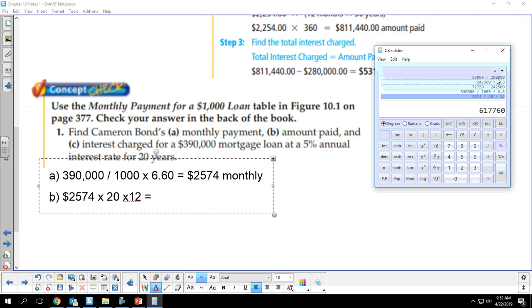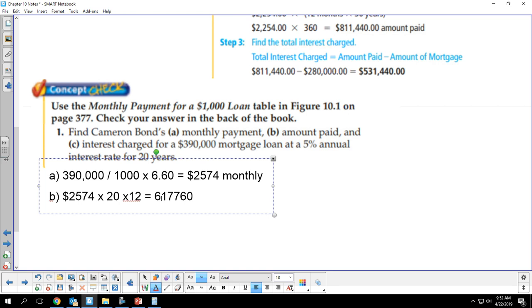So it's $617,760. That's how much we pay over the course of the loan in 20 years. Okay. And then the amount that goes to the bank is that amount minus the $390,000 originally that we paid.